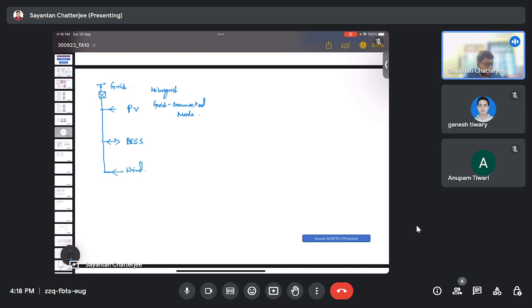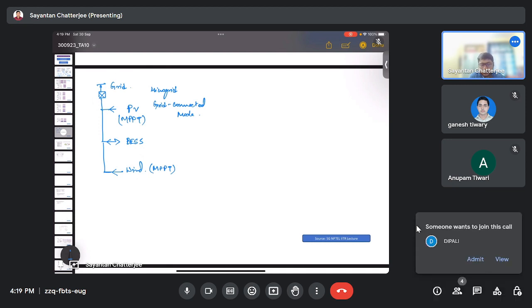Each of them needs to work on their MPPT, this wind and PV, so that to extract the maximum power point, the converter should be operated accordingly. It can have bidirectional converters like DC-DC and then DC-AC, a two converter system or a single converter system.